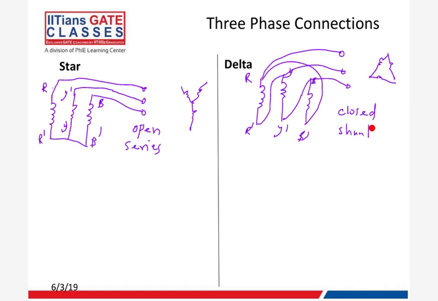Let's look at the power levels. When you're dealing with three phases, you have to be careful about what kind of connection it is. So the power would be S is equal to root 3 VL IL, and here also S is basically the same.